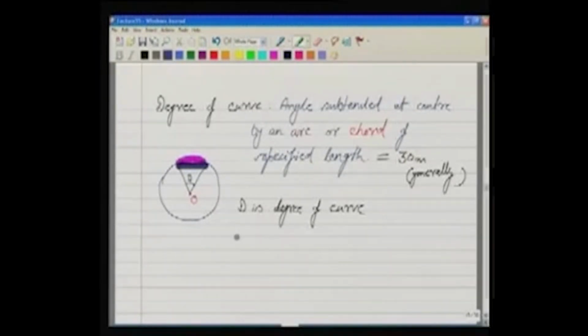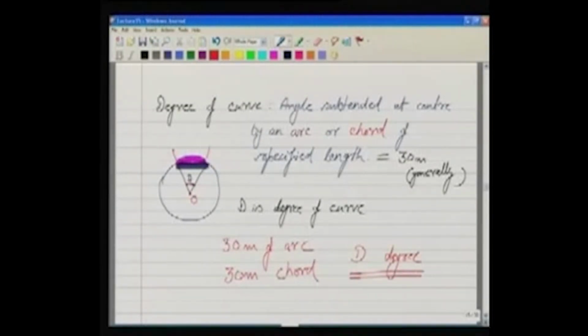Now for a given length of arc or chord, say 30 meter of arc, or 30 meter of chord, for any of these, this distance is 30 meter, either arc or chord. Whatever is the angle made there at the center, that we represent as D, and this is called degree of curve. So this is also one way of designating a curve.